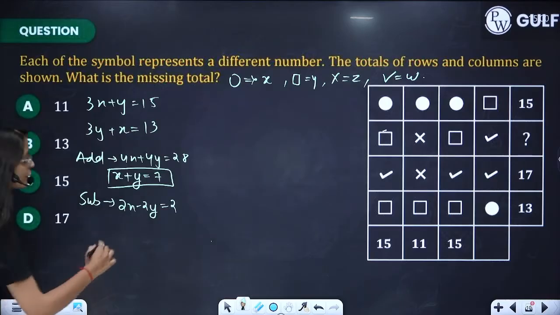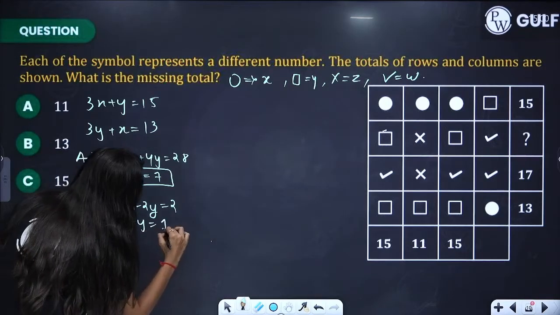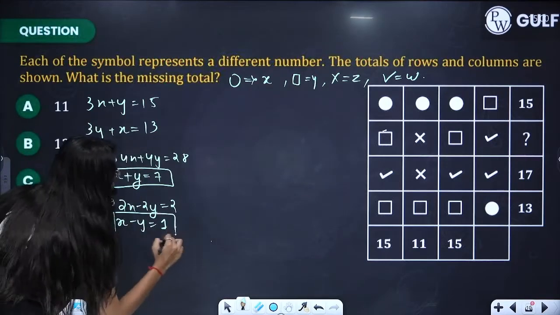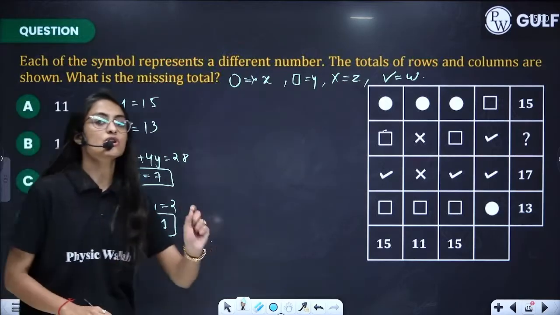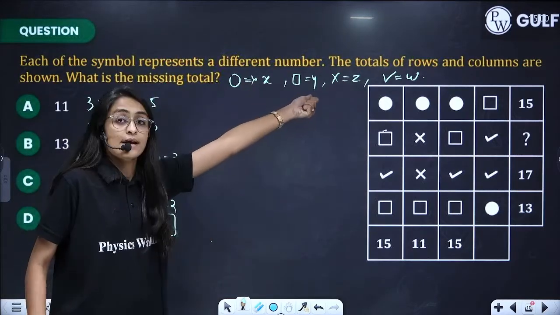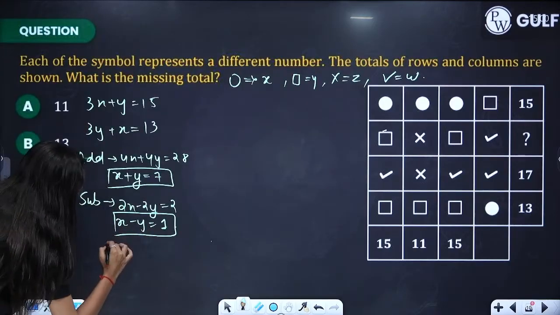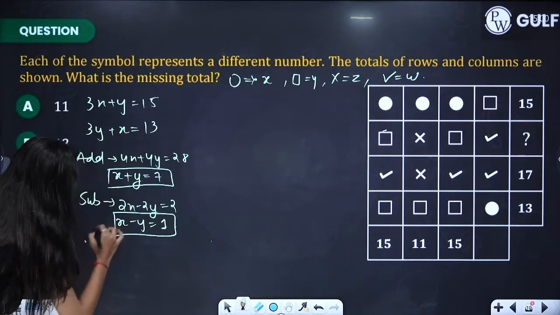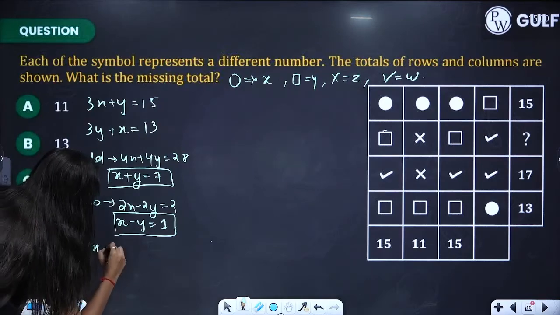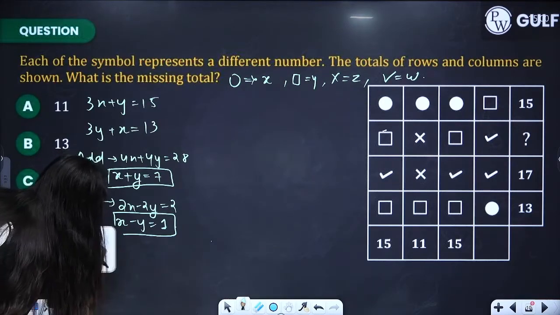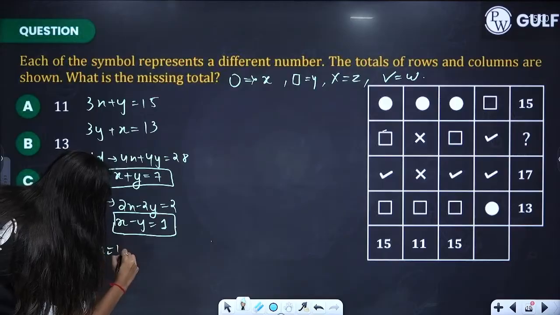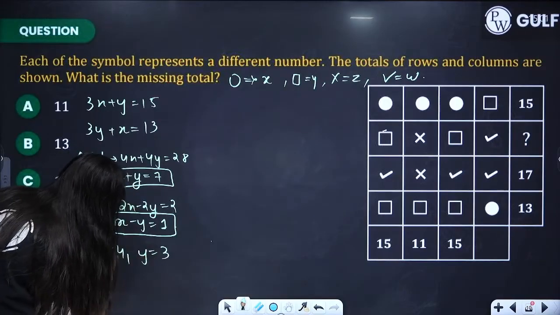You'll solve it further, you'll get x minus y is equal to 1. If you solve it further, you will be getting the values of x and y, that is your circle and square. Here the value for x will be 4 and y will be 3.